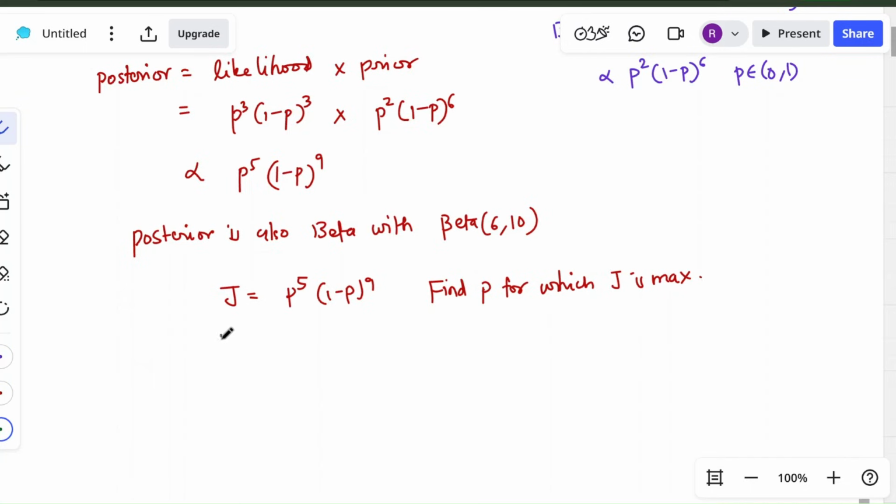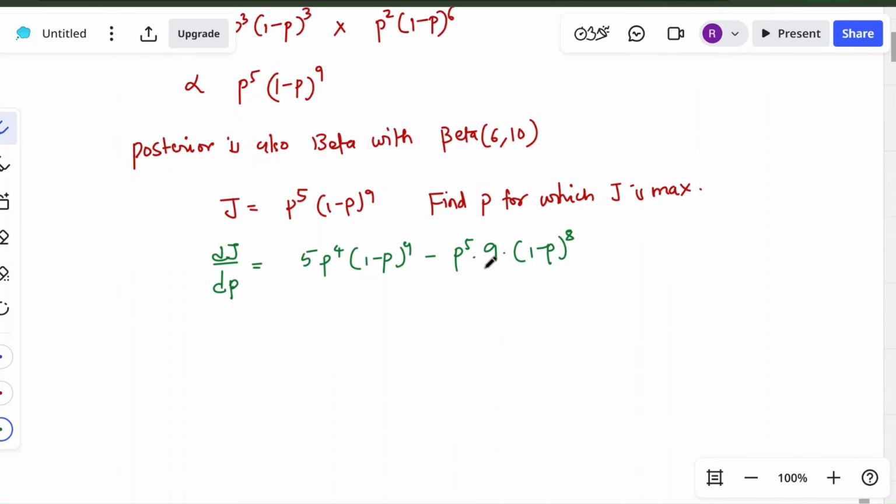So I'll just take the derivative dj by dp. What will that be equal to? 5 p power 4, 1 minus p power 9, minus p power 5 times 9 times 1 minus p power 8. Right? Now, after taking the derivative, I will just set it to 0.